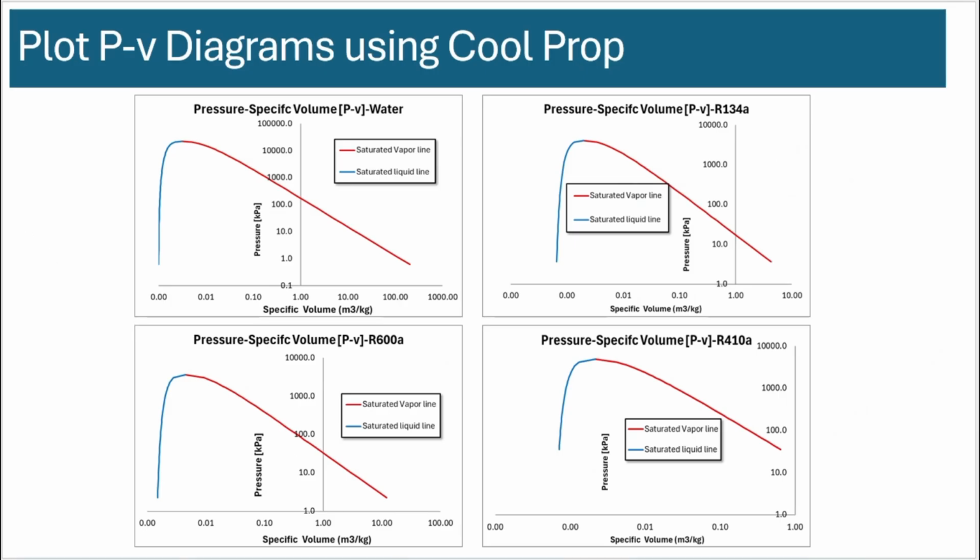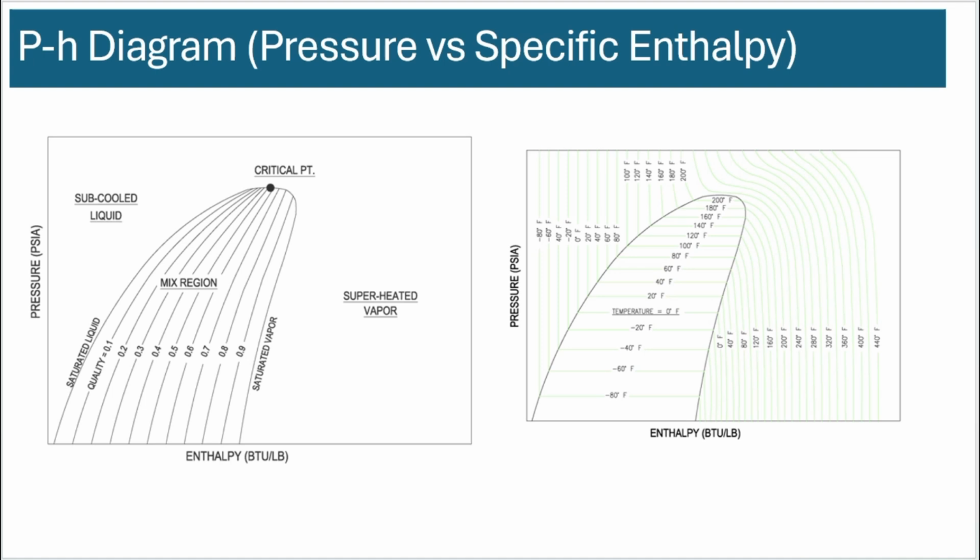All right, so the next one is the pH diagram. For a refrigeration engineer, I would say this is one of the most important property diagrams for refrigeration, because it is easier to understand vapor compression systems on a pH diagram. There are several different types of vapor compression systems, several combinations, several stages.